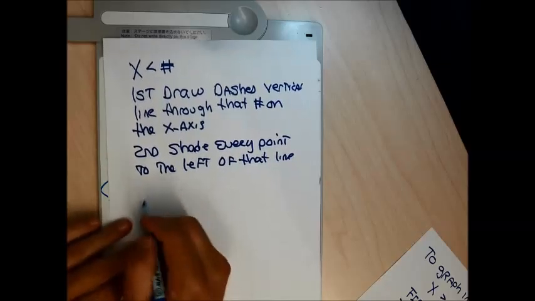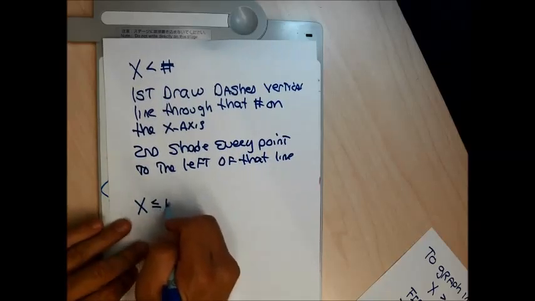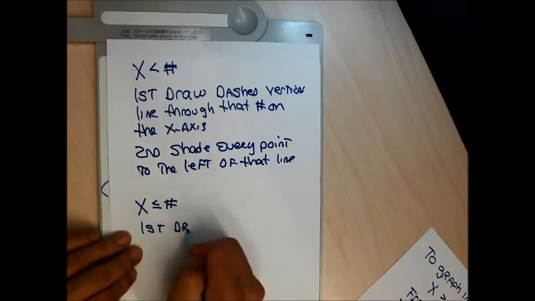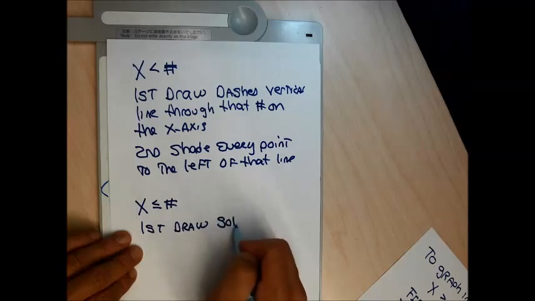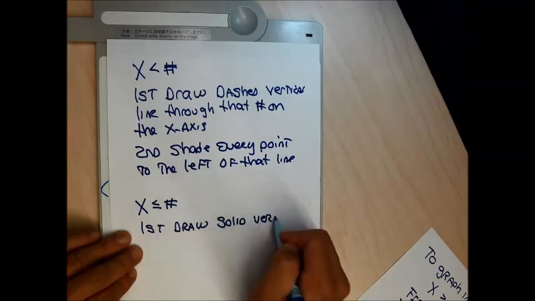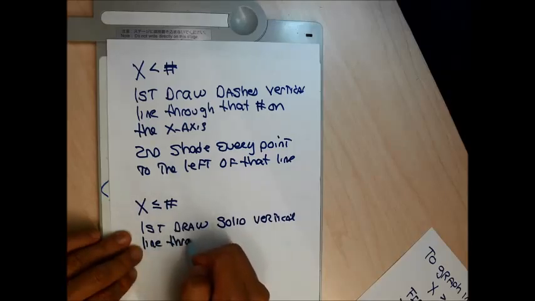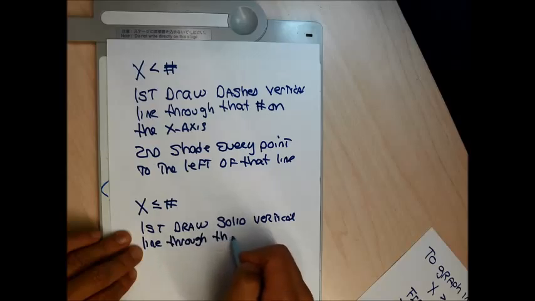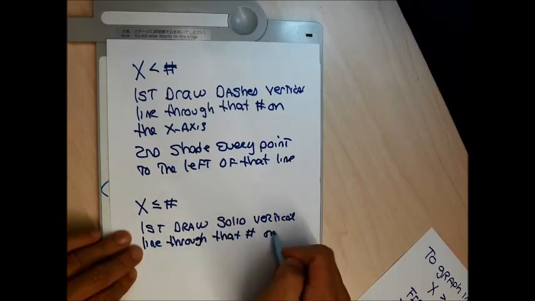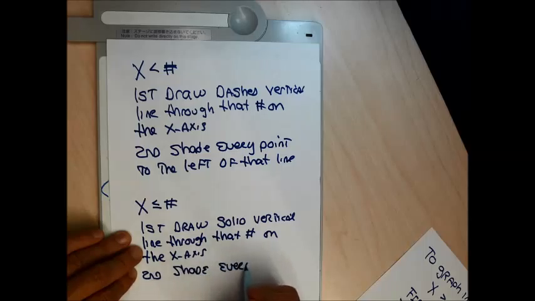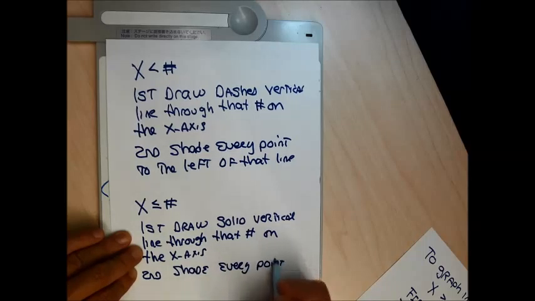The next problems we're going to graph are x less than or equal to some number, and to do those, first I'm going to draw a solid vertical line through that number on the x-axis, and then second, I'm going to shade every point to the left of that line.